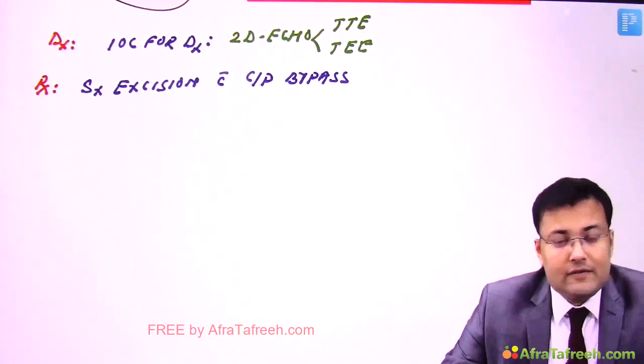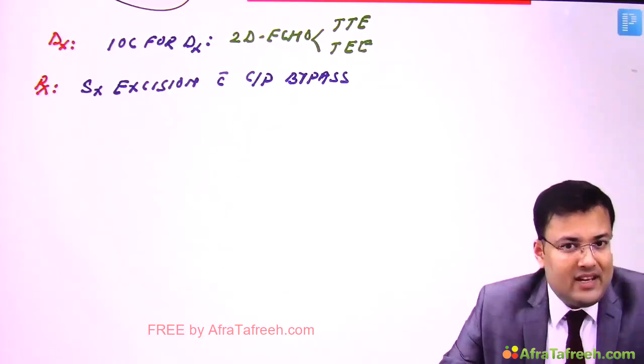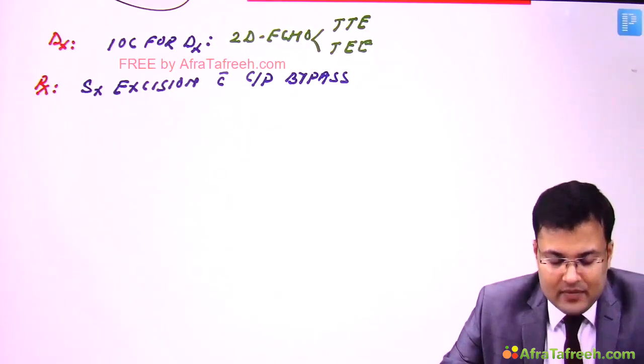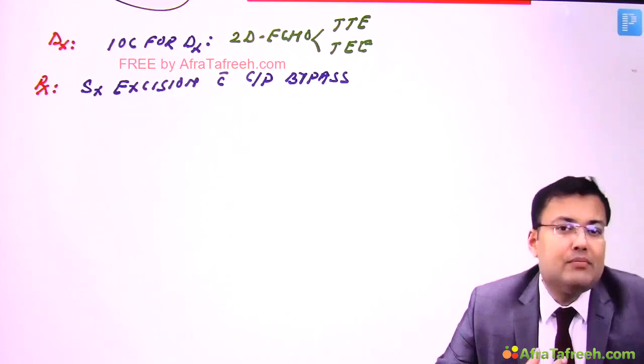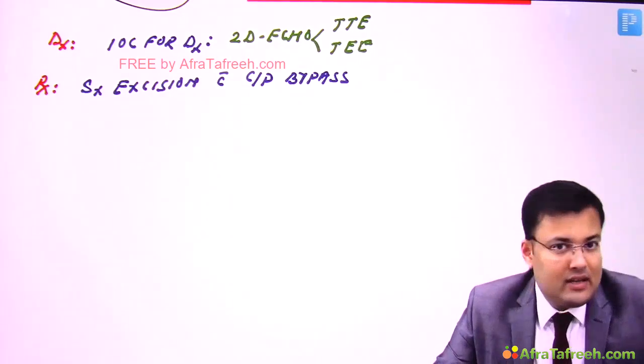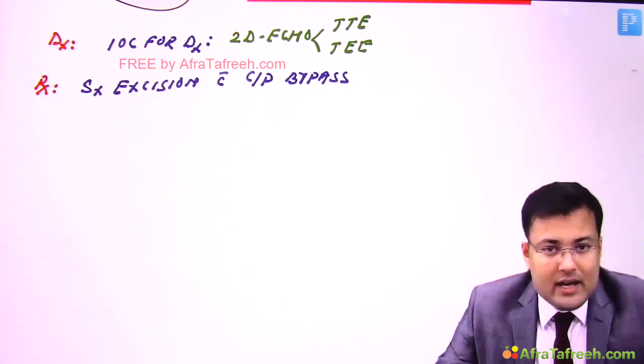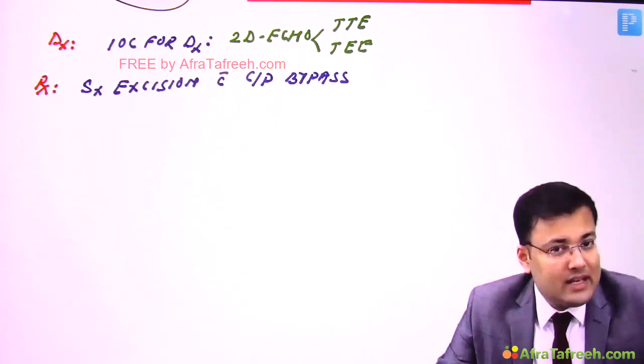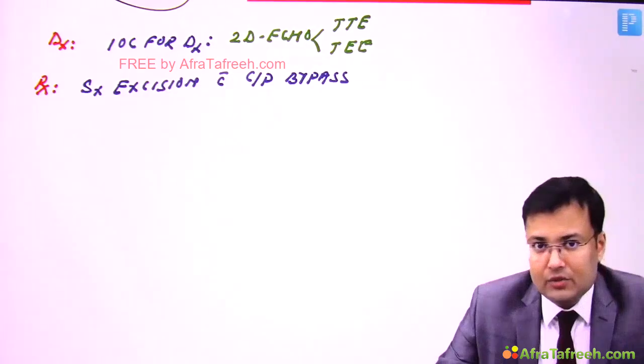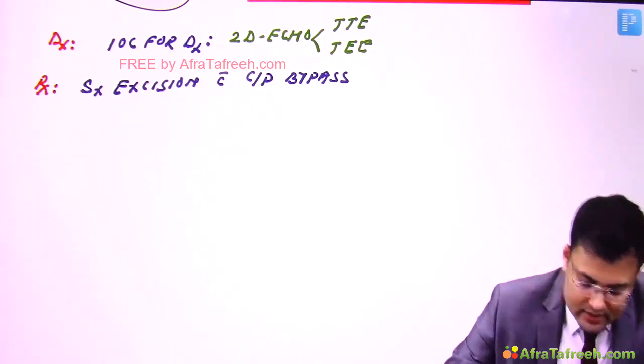So what are the causes of recurrence in familial cases and sporadic cases? In familial cases, if it's multifocal, then it can lead to recurrence. And in sporadic cases, if there is inadequate removal of the tumor, that can lead to recurrence.